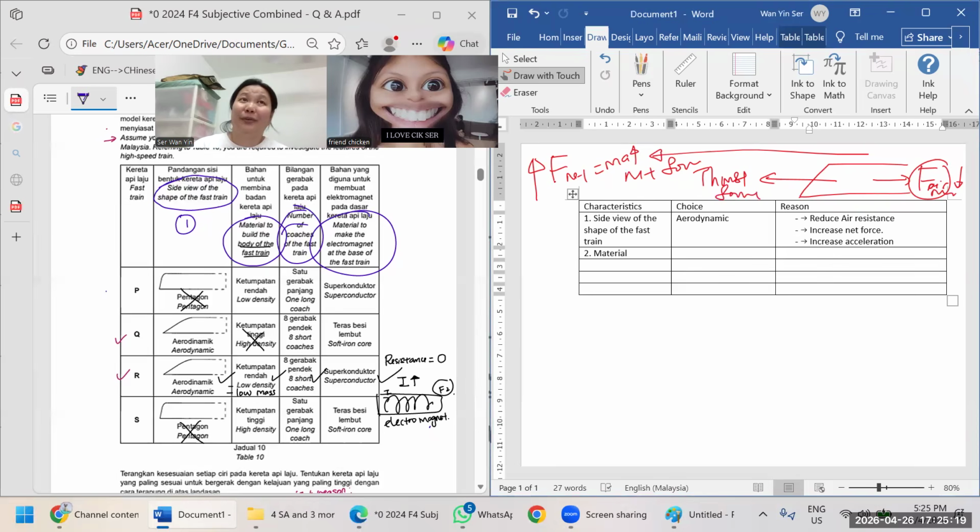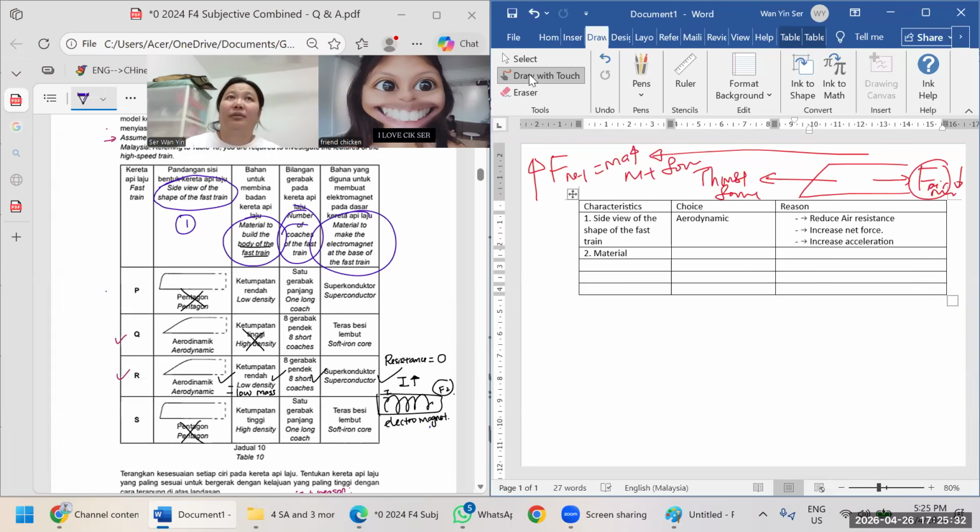Please draw a table. If you don't draw a table, we will have a small clinic together. Draw the table lah.